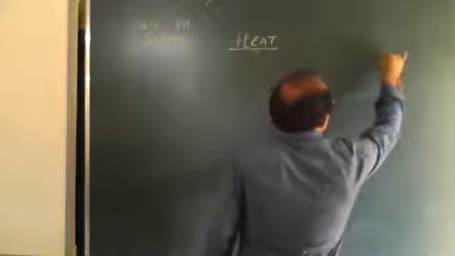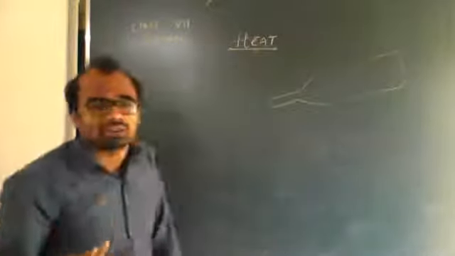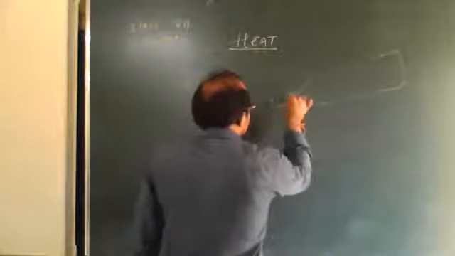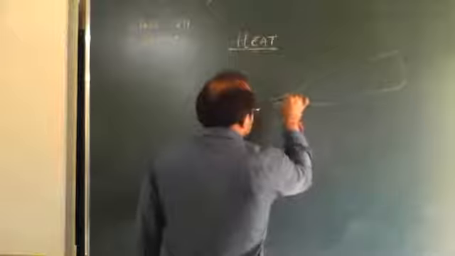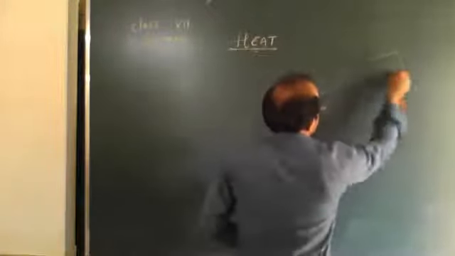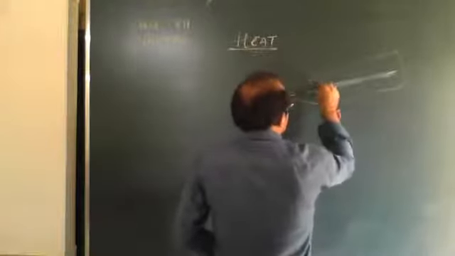You will see the thermometer like this. If you have taken the book, it is available with you. Here the bulb is there, and a long tube-like structure with mercury is present here, and scales are present here also.